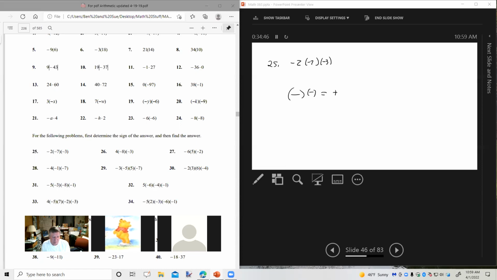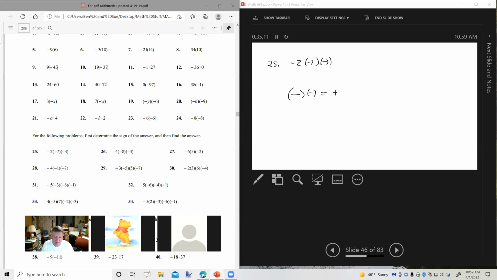So if we've got a pair of two negative factors, factors are the things you multiply together, that's going to produce a positive result. So if we have 2 or 4 or 6 or 8 negative factors, that's an even number, multiples of 2, we would get a positive result.